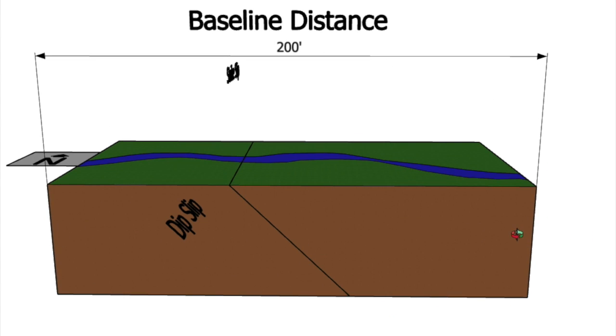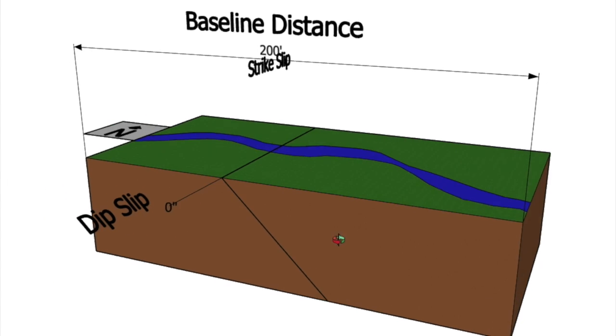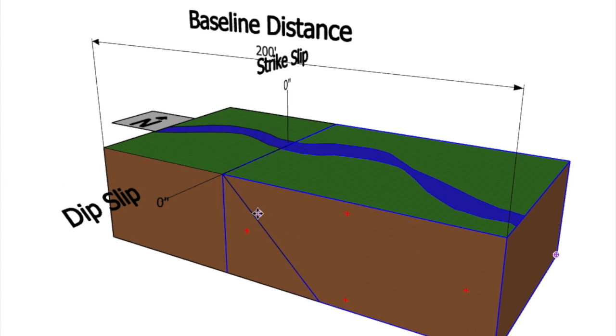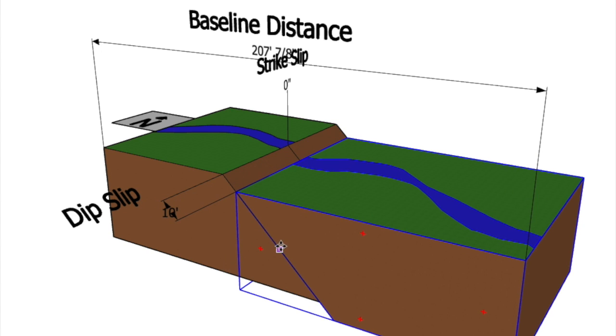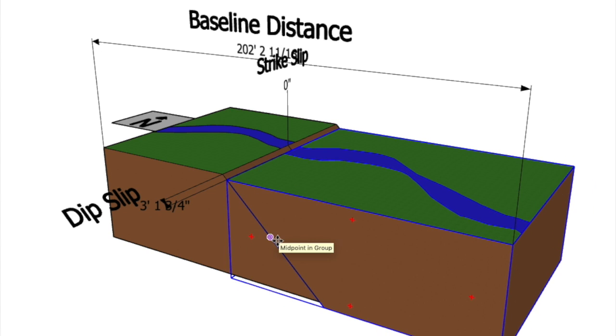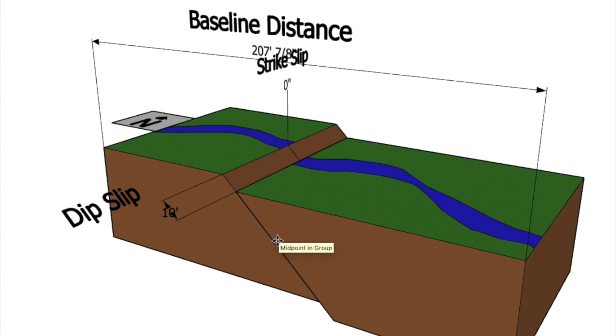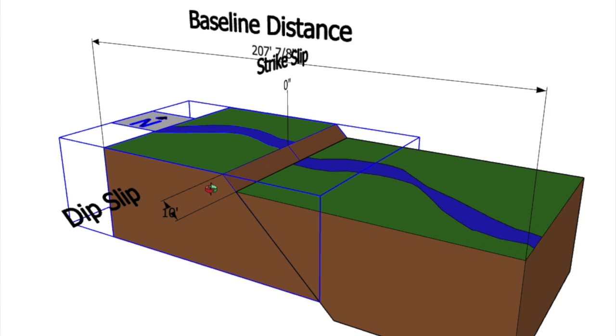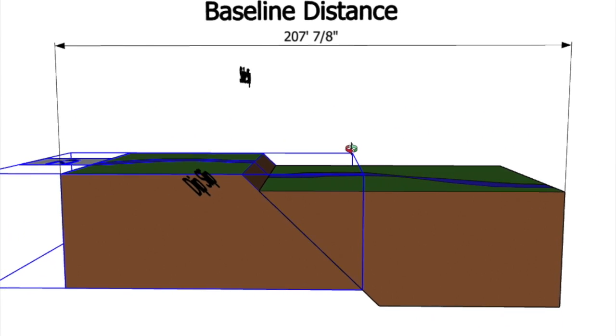So if we have dip slip like the type we just saw, which is known as normal faulting or extensional faulting, what we will see is that the baseline distance increases. So when we have this type of normal or extensional faulting, what we would expect is probably that power line is going to snap.